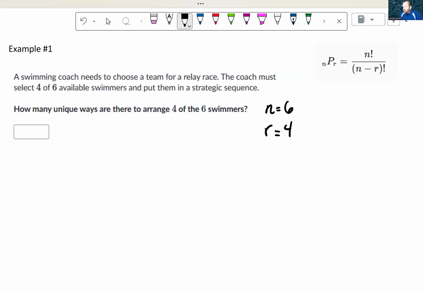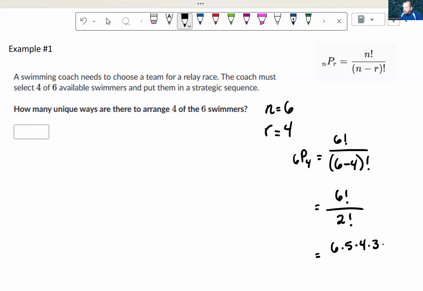So NPR becomes 6P4 is equal to 6 factorial over quantity 6 minus 4 factorial. So now this is 6 factorial over 2 factorial. And that's 6 times 5 times 4 times 3 times 2 times 1.